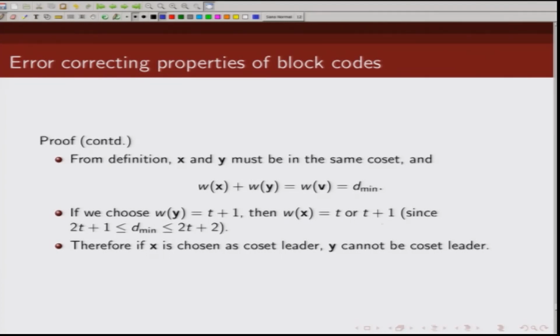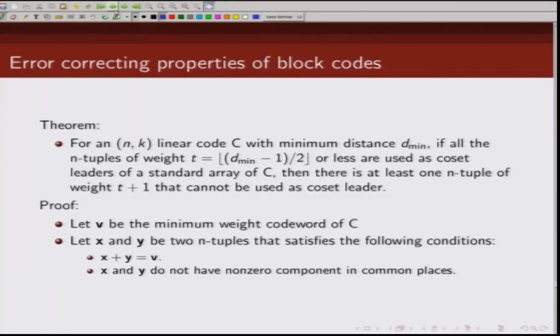So, I will choose x as my coset leader, and if I choose x as my coset leader, then I cannot choose y as my coset leader, which proves my result, which says that if all n tuples of weight t or less are used as coset leaders, then there exists at least one error pattern of weight t plus 1 which cannot be used as a coset leader.